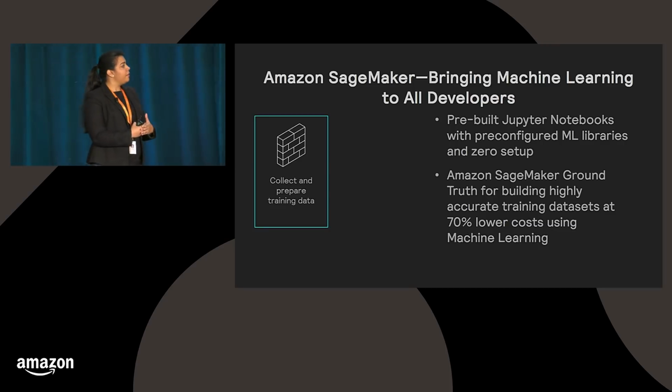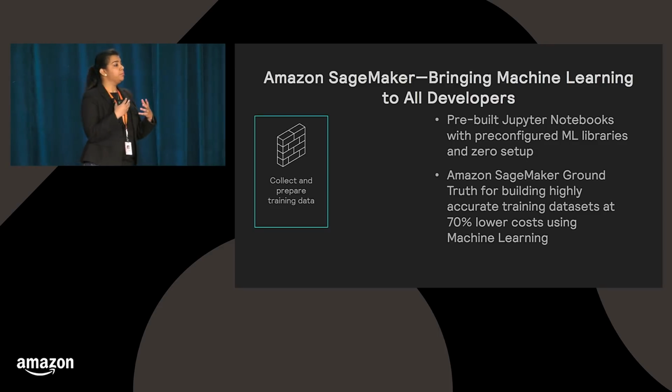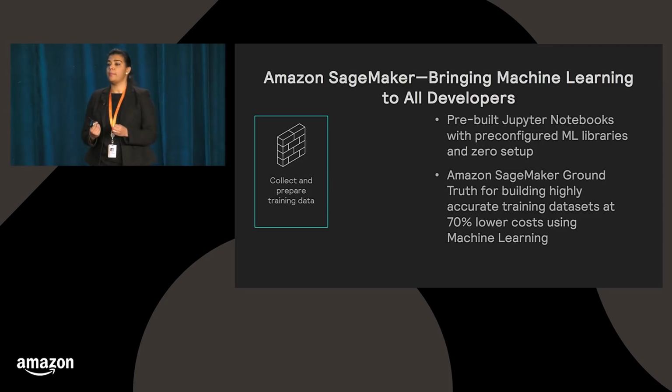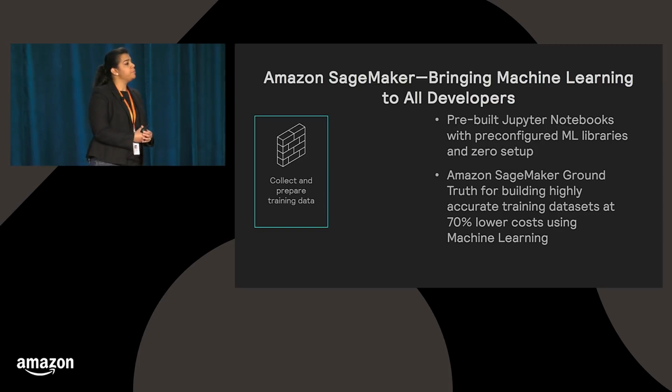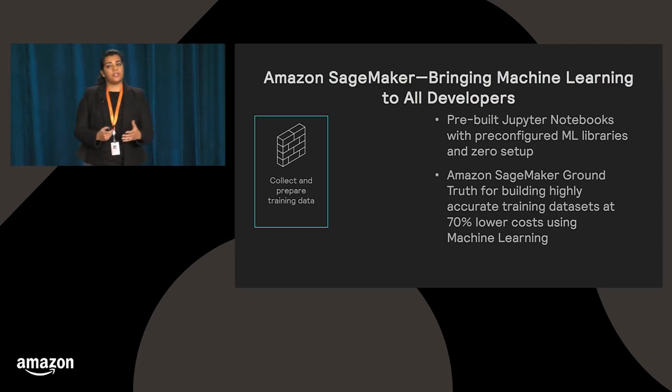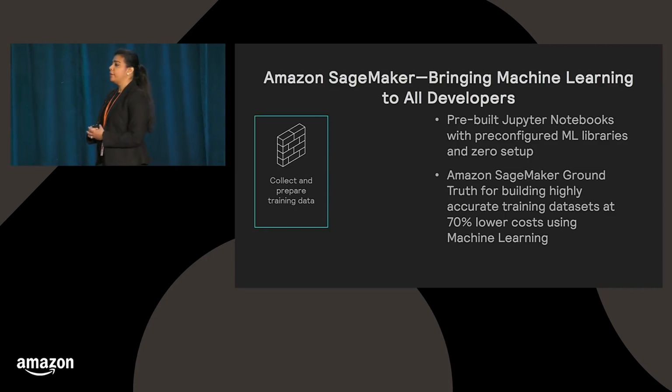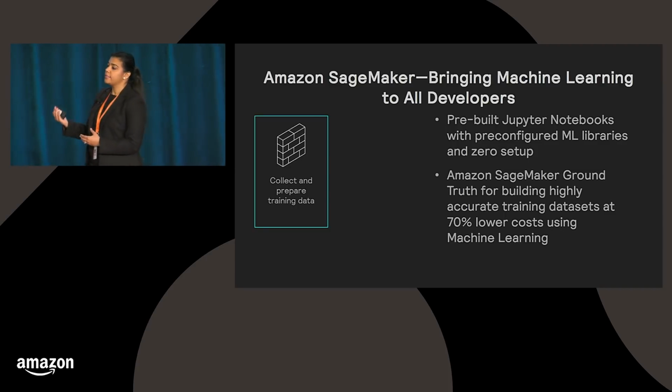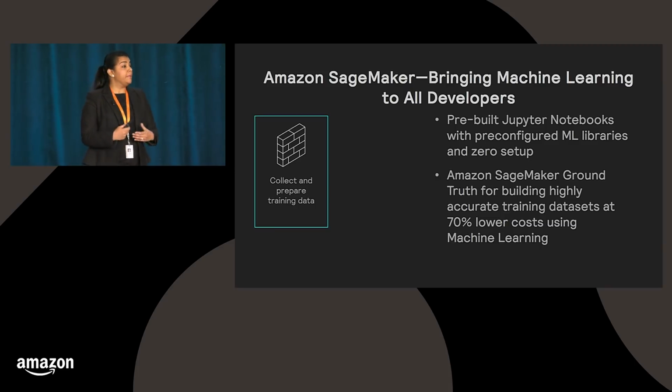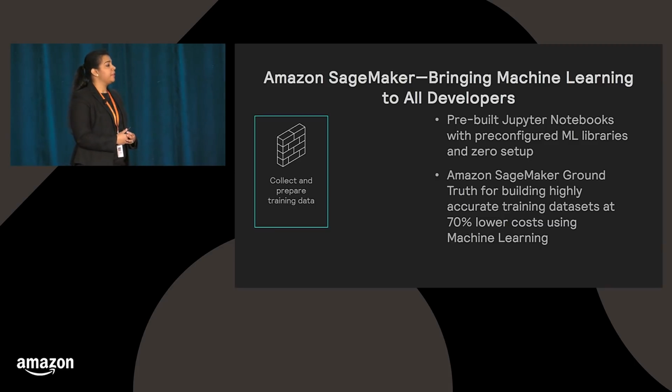So typically, when you start your machine learning experimentation, you want to be able to explore your data sets, visualize them, play around with them, experiment with different types of machine learning models. And Jupyter is a very popular tool that a lot of data scientists and developers use. Amazon SageMaker provides built-in Jupyter notebooks that are pre-configured with the most popular machine learning libraries.